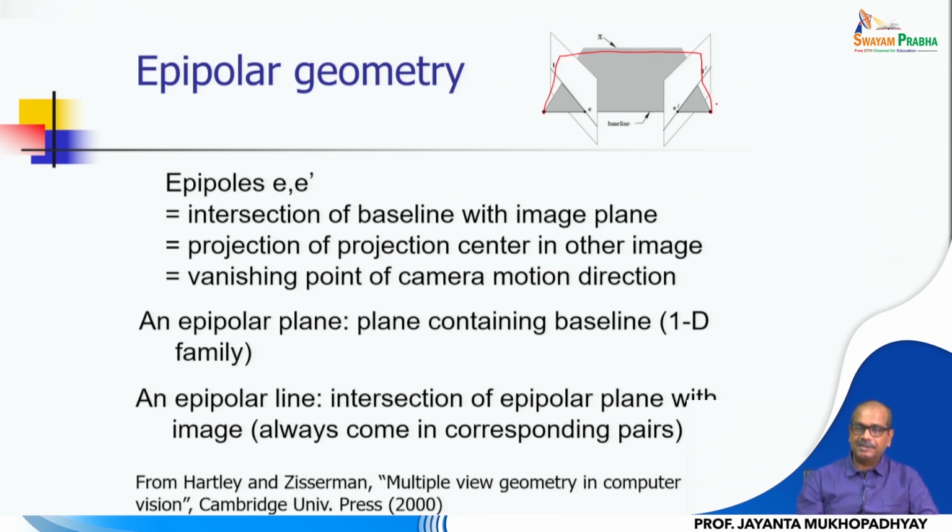We have seen that, since it is the intersection of the respective plane with the two image planes, that is where the constraint lies. So those pairs of intersecting lines on two different image planes form a correspondence.